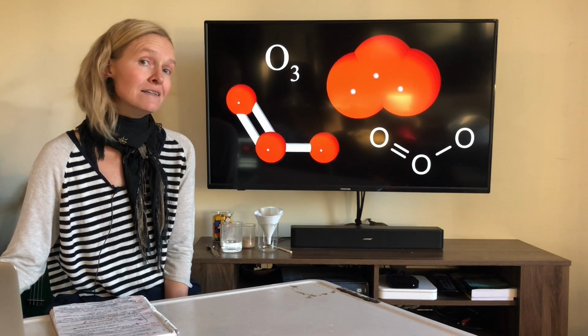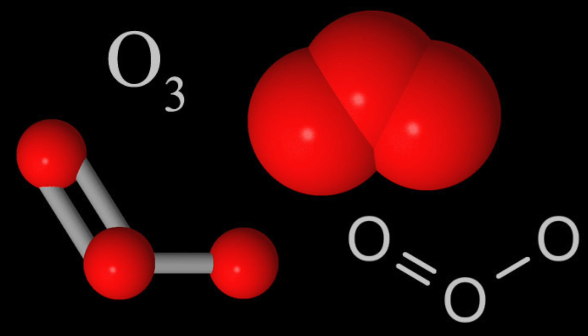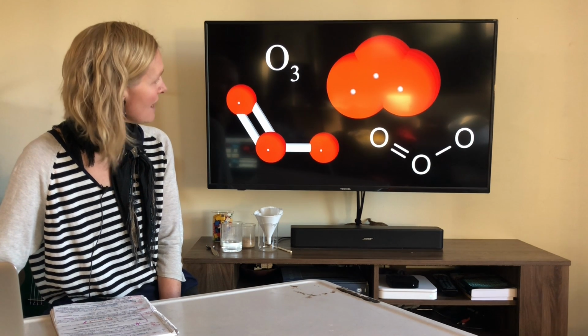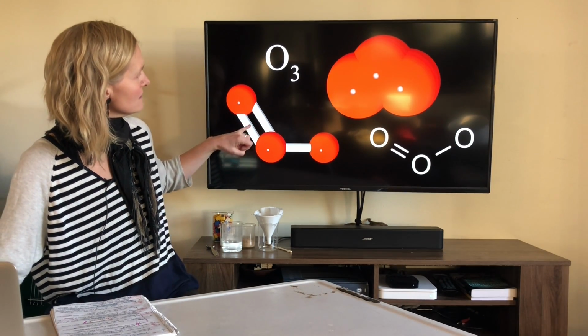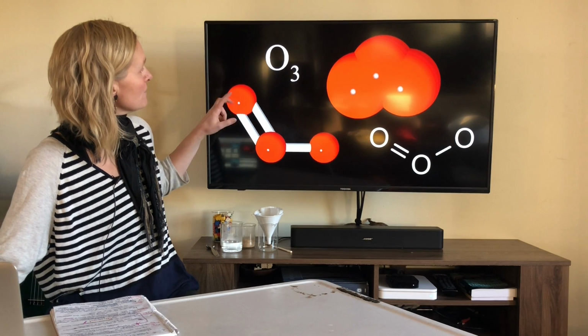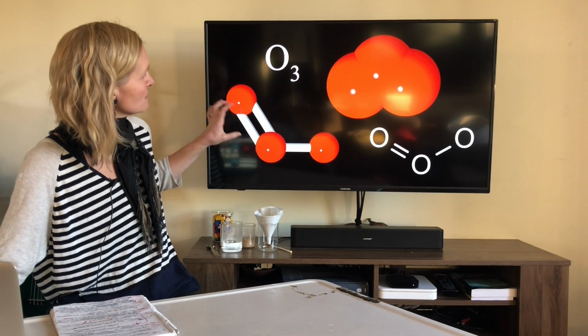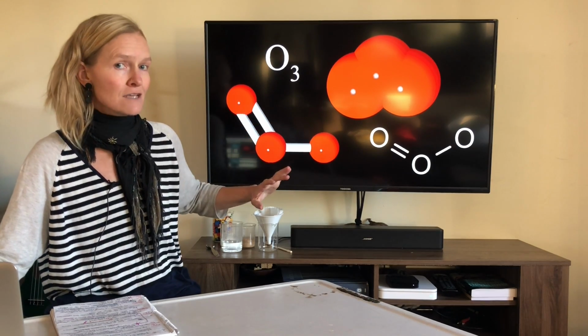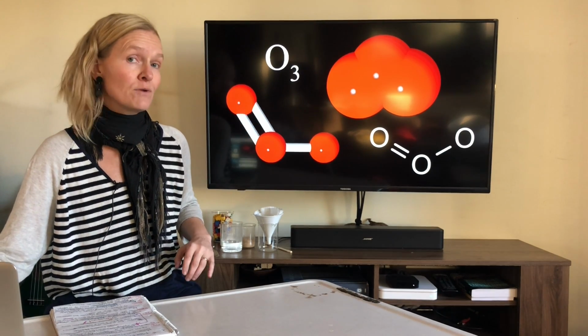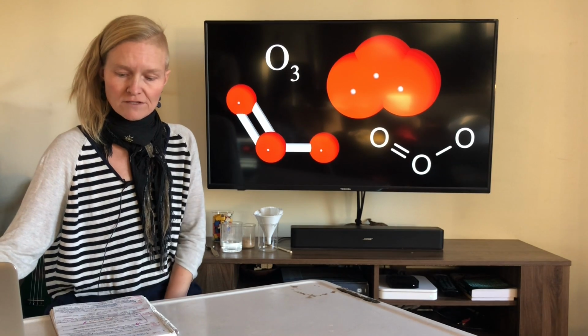And this is still a pure substance and an example of a molecule. If you note in this particular slide, they've shown the molecule two different ways. And in this molecule here, they're showing that this particular molecule has two different kinds of bonds. And we will learn more about that in a moment.